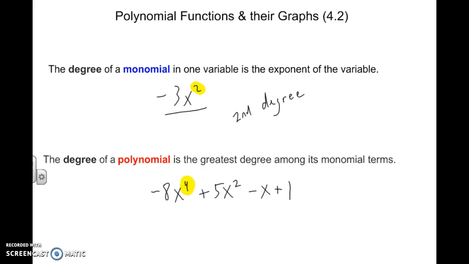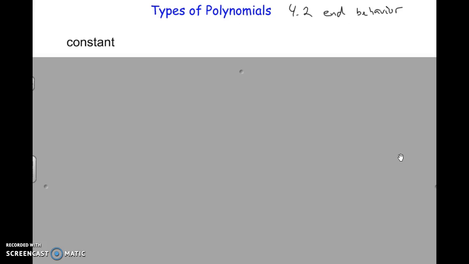So fourth degree would be the degree. You take the largest individual term. We're not going to focus on the rest of these. We focus on the big term, especially when we talk about end behavior here. So this is a fourth degree polynomial. And again, you take the largest individual monomial in there, that's going to determine the degree of the polynomial.